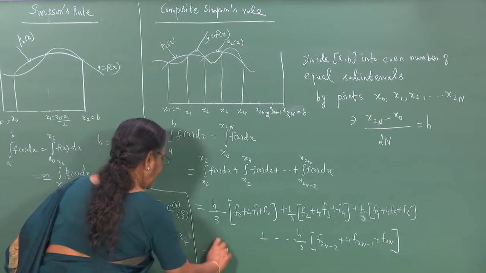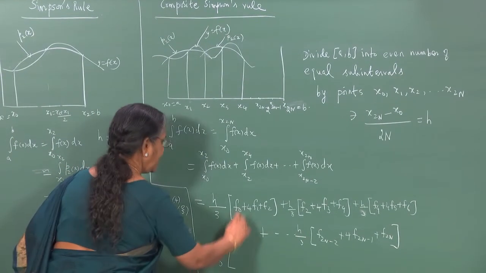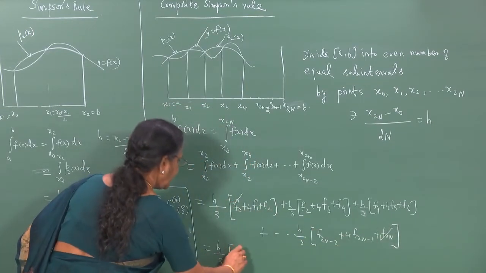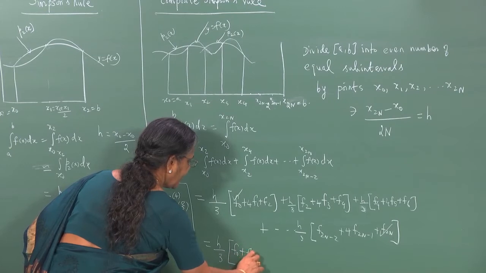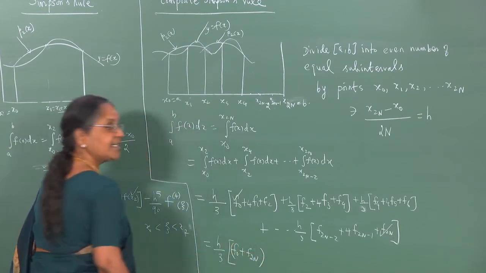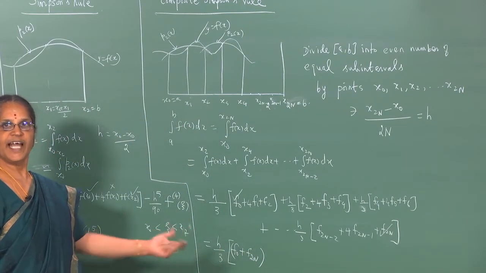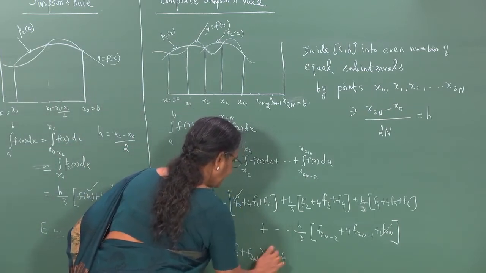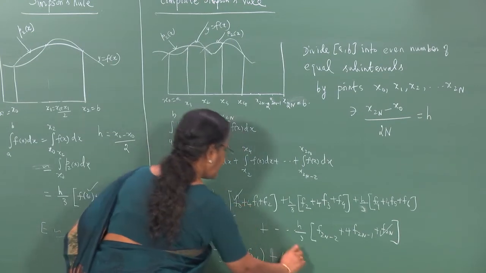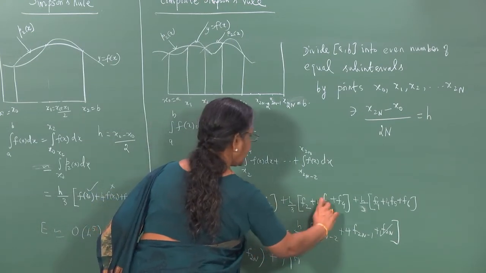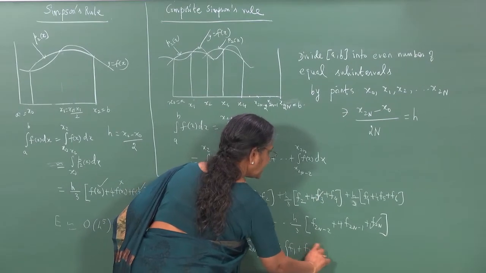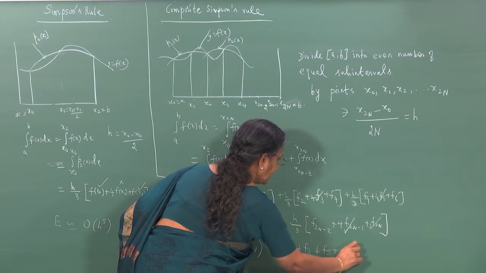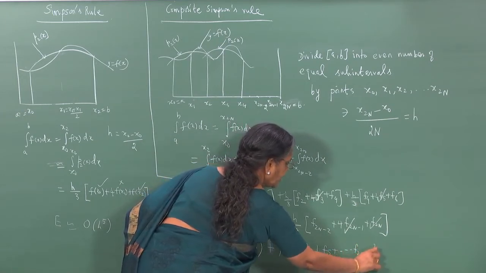So, we simplify and see that it is h by 3. I observe that f naught and f2n appear once. So, I just write down this group of terms which corresponds to the sum of the end ordinates. Then I observe that I have terms 4 times f1 plus f3 plus f5 plus etc. plus f2n minus 1.